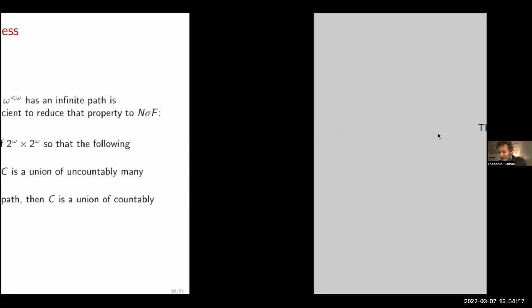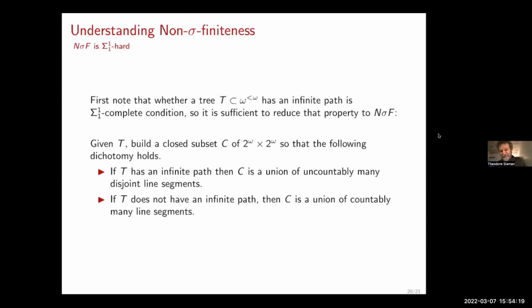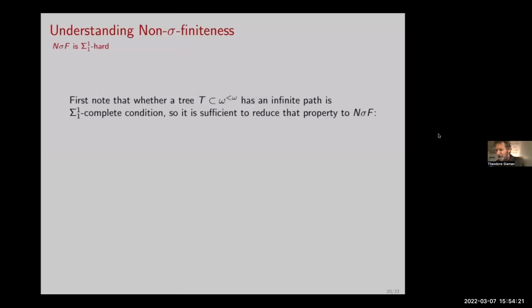There are other questions. So Ted, does non-sigma finiteness imply a perfect set property? For analytic sets, that's correct. I mean, the reverse: does non-sigma finiteness imply perfect set property? Right, so let me go back to this.